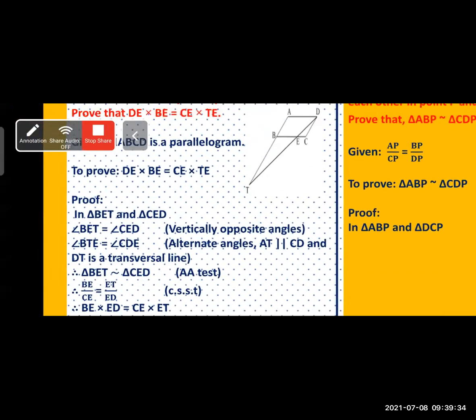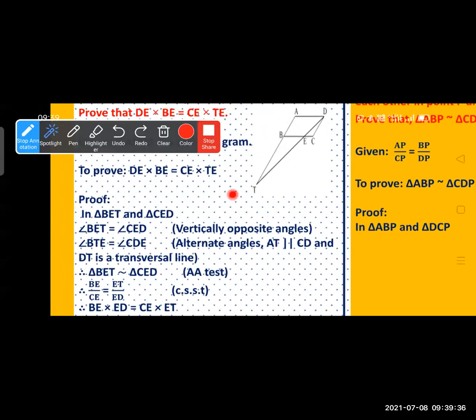Which two triangles? First triangle, see, BET, and second is ECD. If we consider these two triangles, then angle BET and angle CED are congruent. Vertical opposite angle. So we write here vertical opposite angle.